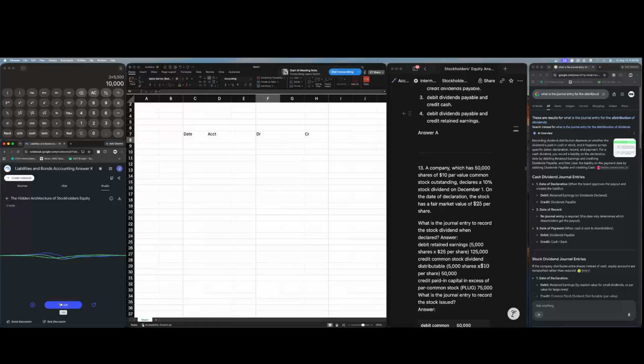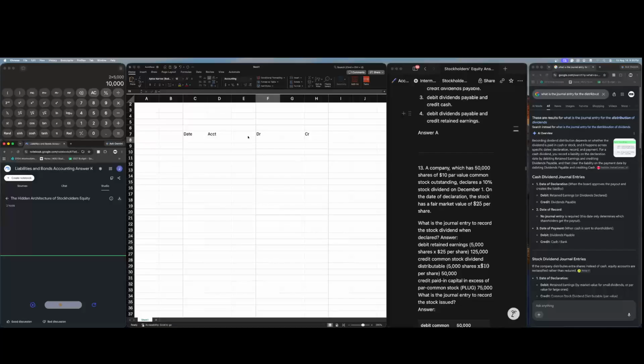Exactly, that 10% is based on the 50,000 shares. So when this company declares the stock dividend, it declares a certain amount, like a 10% stock dividend, and will give out 10% of the outstanding stock to the stockholders.